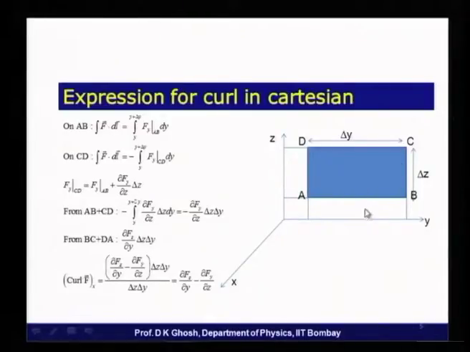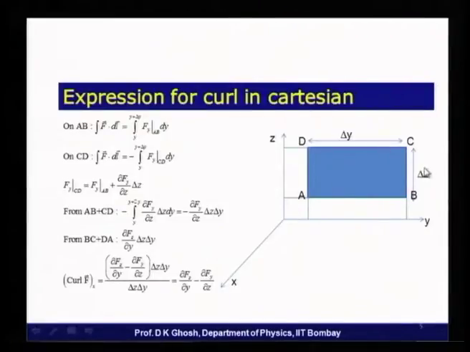Now, obviously, if I am going on this contour along A, B, C, D, that is the anti-clockwise fashion, the direction of the outward normal will be along the x direction, which is perpendicular to the plane of the screen. Now, let us get an expression.